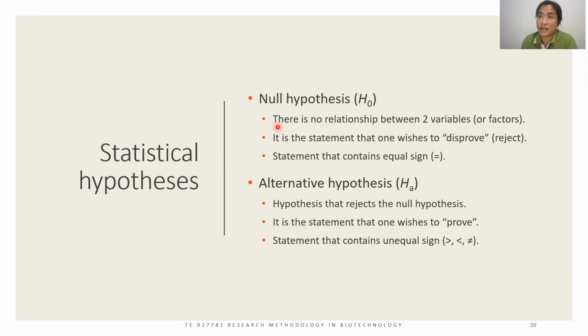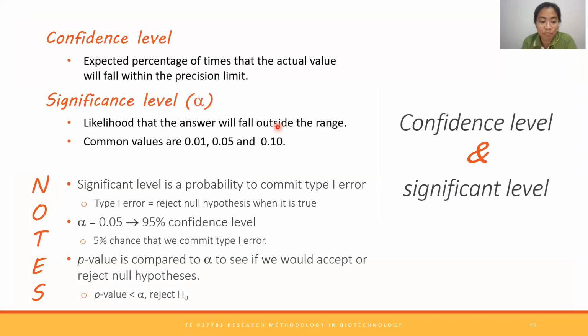Basically, you say that the factor does have an effect on the response. Since most of the time alpha is 0.05, that's why you always say that if the p-value is less than 0.05, the factor affects the response. That is when you reject the null hypothesis.